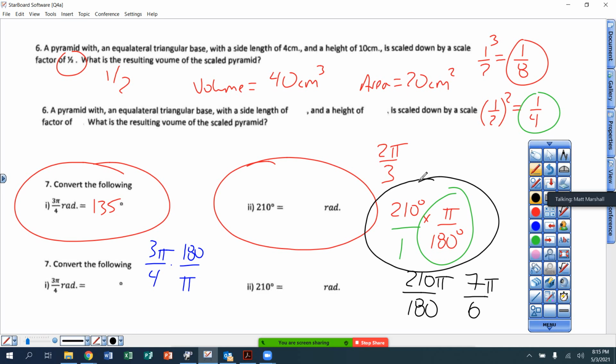I just double checked that on my calculator, and I just double checked that on the internet.